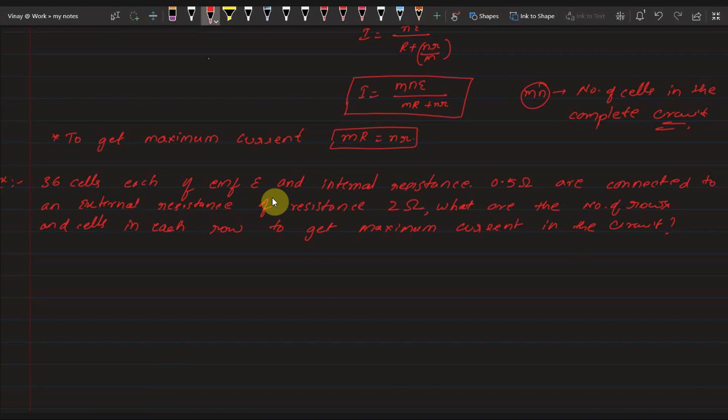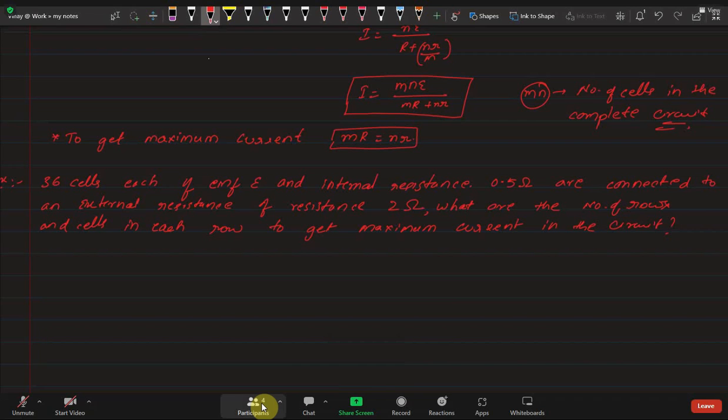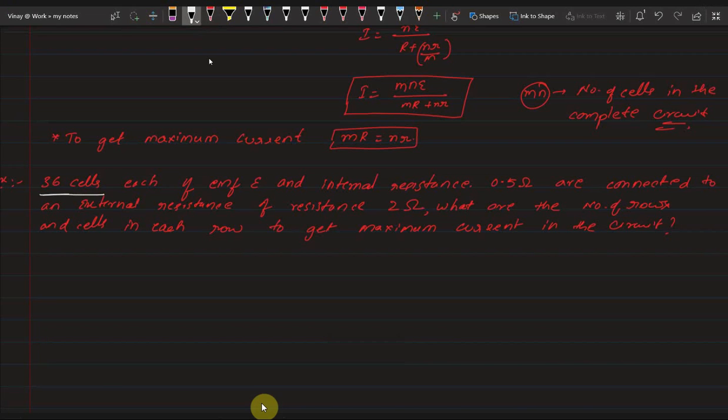Shall I explain the answer? Now tell me, how many cells are there in the circuit? 36 cells. So we take Mn equal to 36 cells. But to get maximum current in the circuit, what will be the condition?